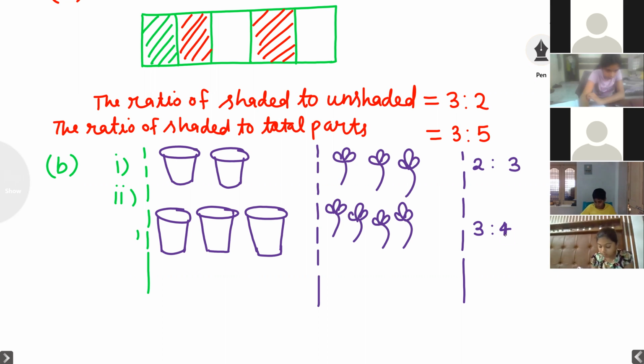If they're asking a question like that, firstly we have to count how many things are there. 2 things are there. First is flower pots, second is flowers. How many flower pots are there? How many flowers are there? We have to write it as a ratio.